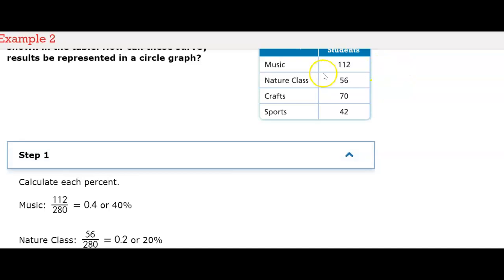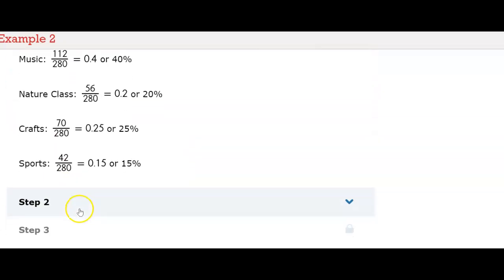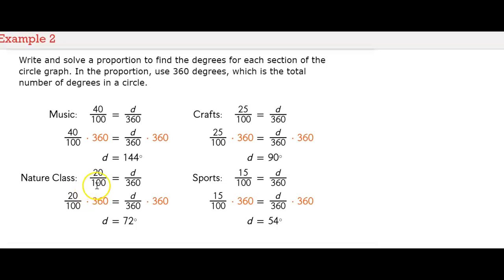So they have 112 over 280. You divide it, it gives you your percent as a decimal and as a percent. And then you do the same thing for each one of the activities. Step 2, you take the percent and then you multiply it because they want to find the degrees for each section of the circle graph.